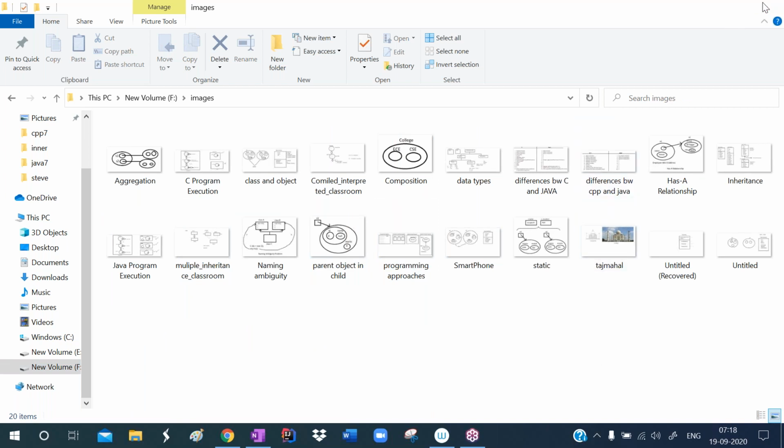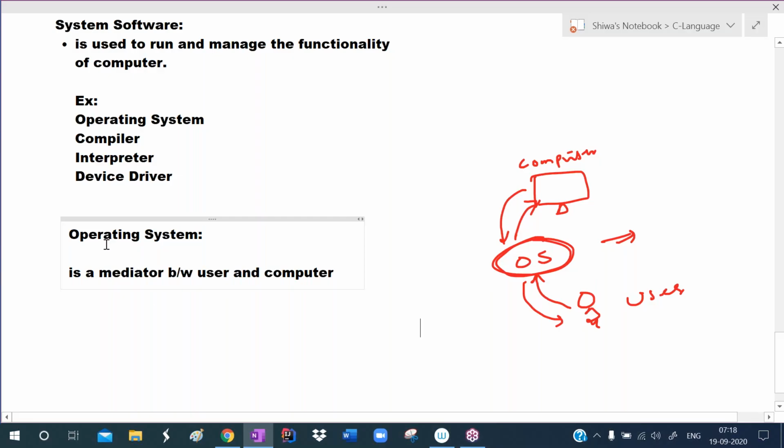Okay, once again I'm repeating. Operating system is the mediator between user and the computer. We are the users. If we want to communicate with the computer, we should have an operating system.